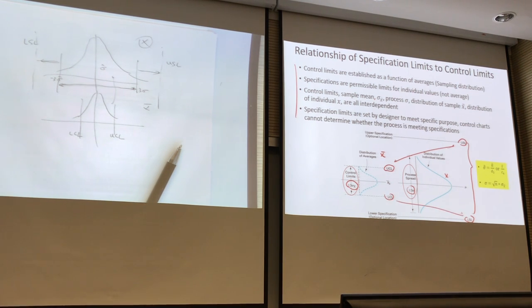Okay? And then, plus or minus 3 sigma there is typically the natural process spread. And a lot of times we don't have this. Since we collect data from the control chart, from the control chart we get that. We estimate our process standard deviation from that, right?